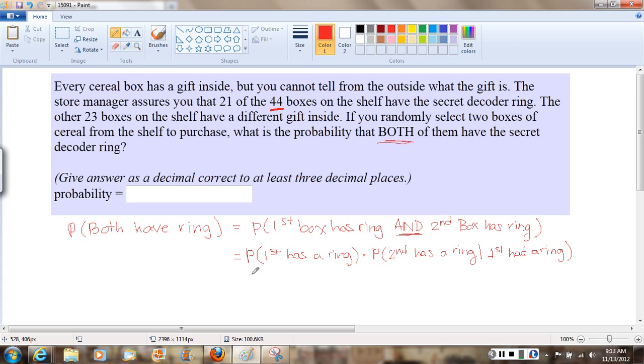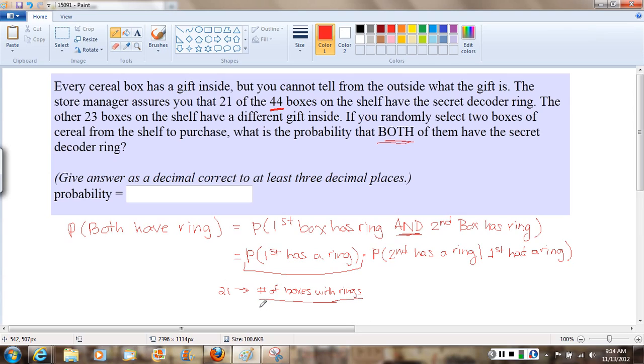So let's do each of these out separately. The probability that the first has a ring. So we're picking that first box. We can think of a fraction here. The number of outcomes that would give us a ring is the number of boxes with rings. And they told us that's 21.